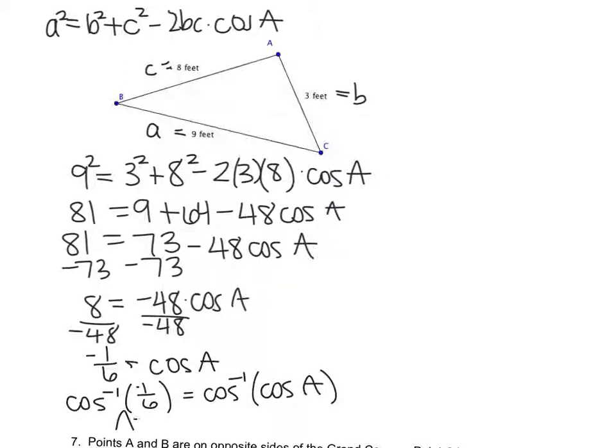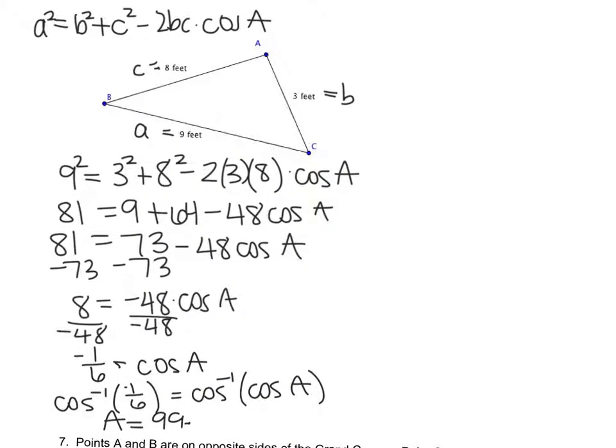And that's going to give us that angle A is 99.59 degrees. Now that we know one of our angles, we now use the law of sines to find a second one.